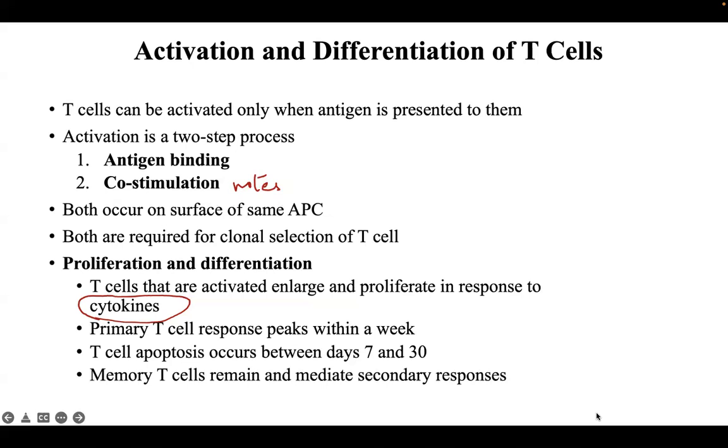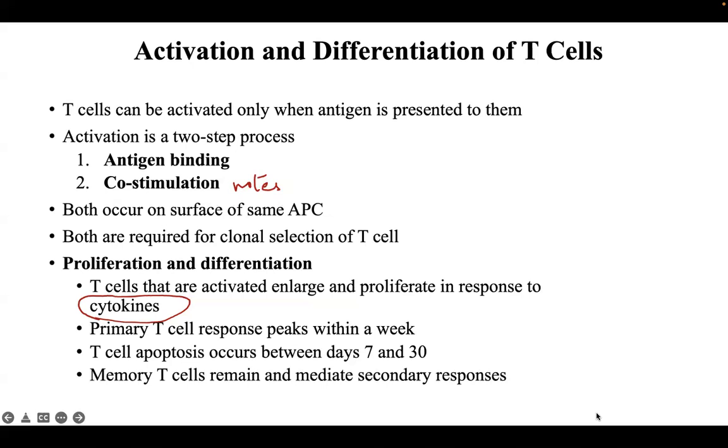Okay, so what do T cells really do? T cells are firstly activated on differentiation. It means their activation is, firstly, we know this, that they are only activated when antigen is presented to them. That is true for T or B both. Now, activation of a T cell has two steps: antigen binding, and there is also some co-stimulation.